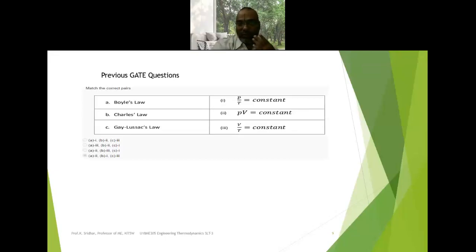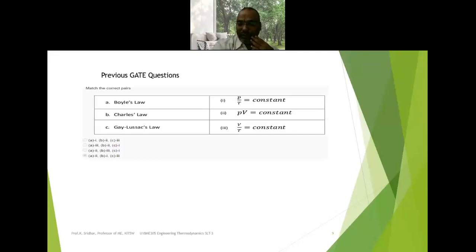Boyle's law says that there are three important parameters we always have to consider: pressure, volume and temperature. Out of these three properties, we always keep one parameter constant, and then try to find the relationship between the remaining two variables. That is there in Boyle's law, Charles law and Gay-Lussac law.